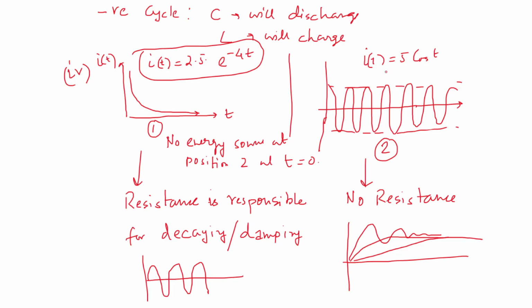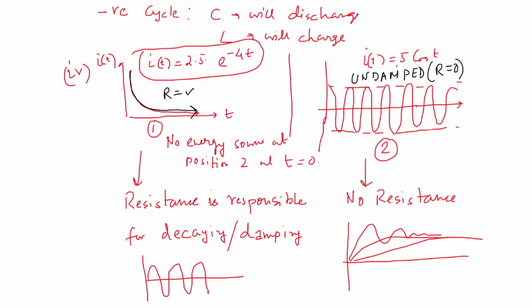Now this is actually the case of undamped response. Why? Because we have no R. We have R equal to 0. And since in the other case we have some finite value of R, then we must have some damping, and due to that damping your response is decaying like this.